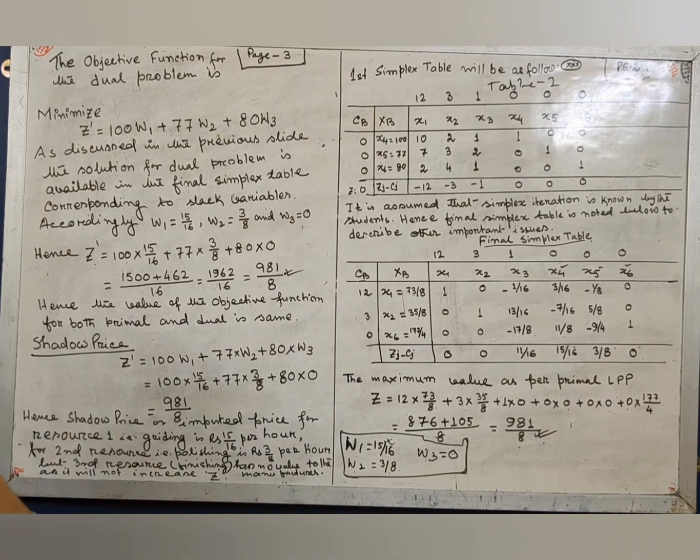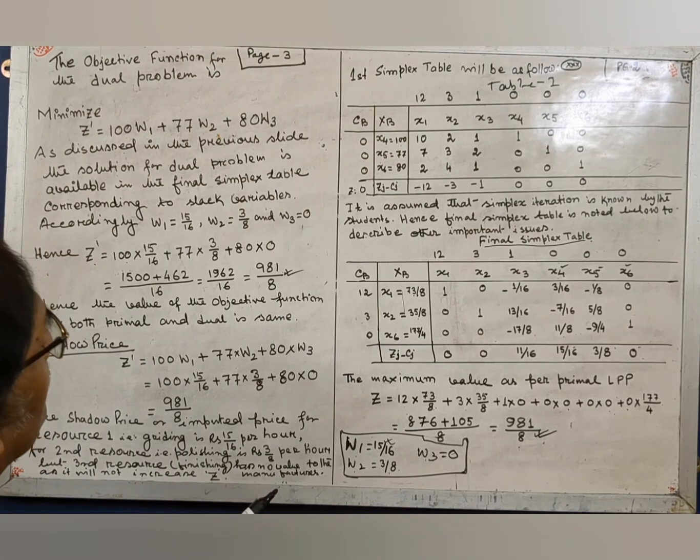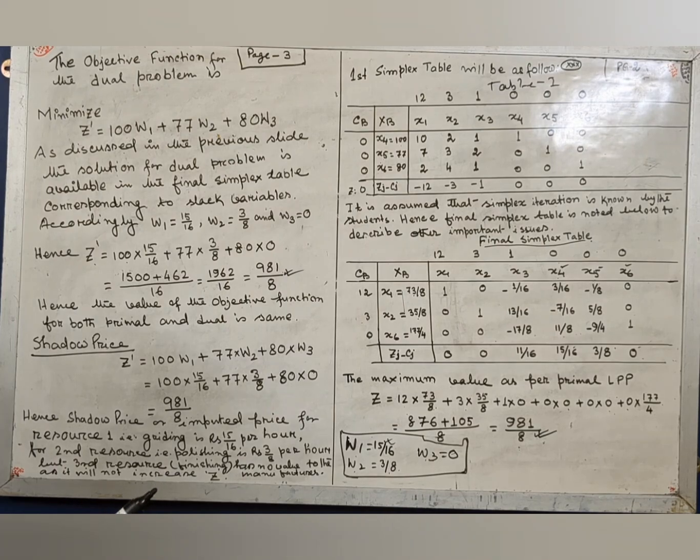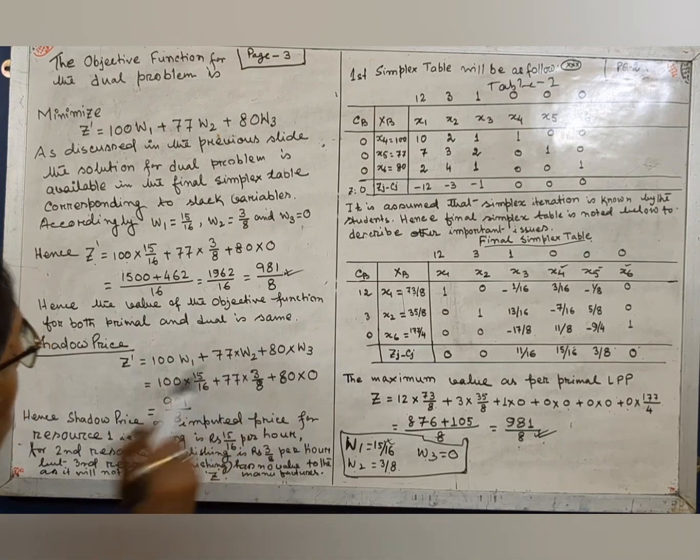Then what is the conclusion? You need not solve the dual problem separately. The solution is available in the primal solution itself. If you solve the dual problem, then you will get the solution of the primal, and if you solve the primal problem, then you will get the solution of the dual.